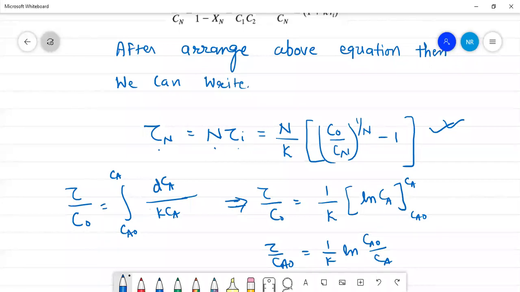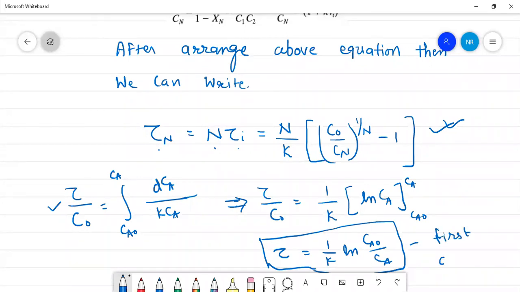I can write this equation in this format. Finally, if I introduce first order systems in a PFR and do the integration, I get this equation. Maybe I did it in steps, but this is the final result for first order systems in a PFR.